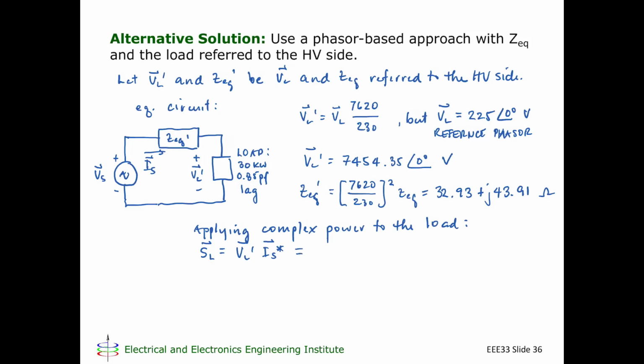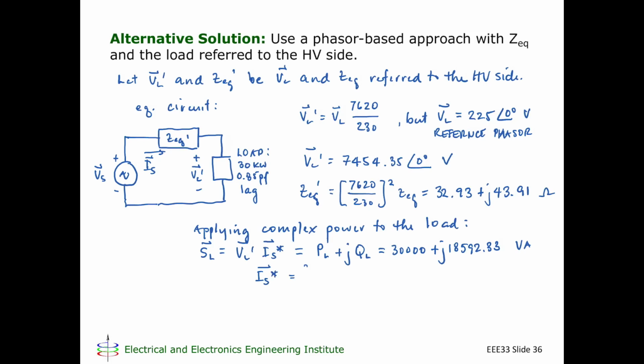But I know this is equal to the power delivered to the load plus j times the reactive power delivered to the load. The power delivered to the load is 30 kilowatts, and the reactive power delivered to the load, which was previously computed, is 18592.33 VARs. So this is 30,000 plus j18592.33 volt amperes. So I can compute for I_S conjugate.